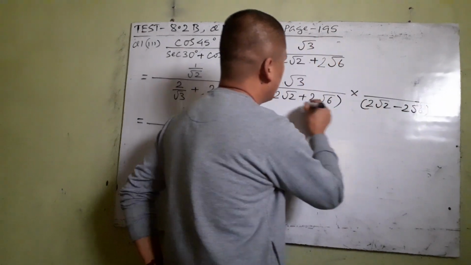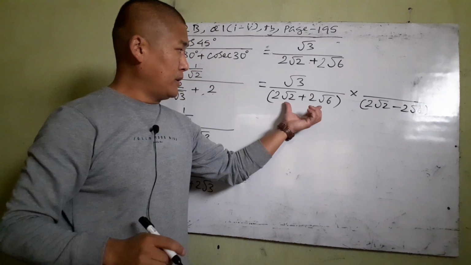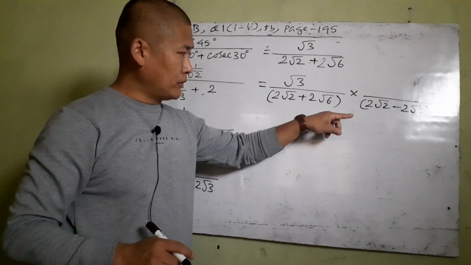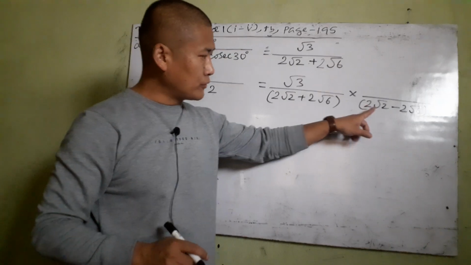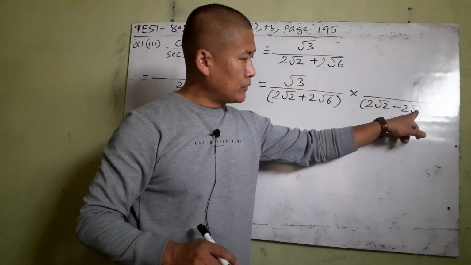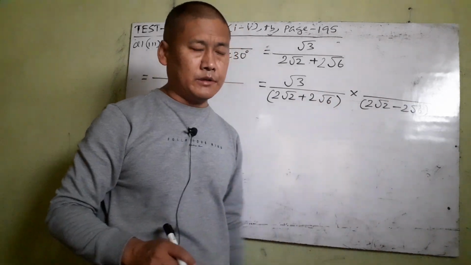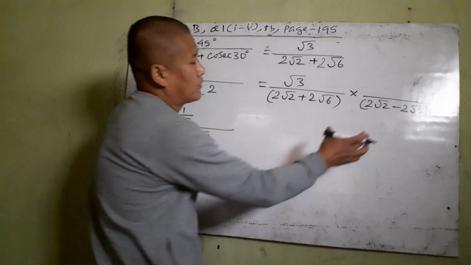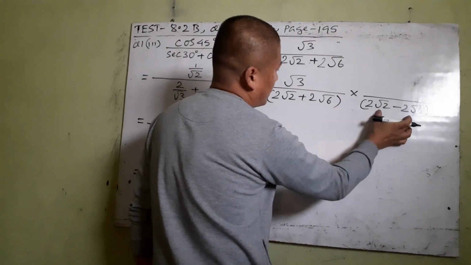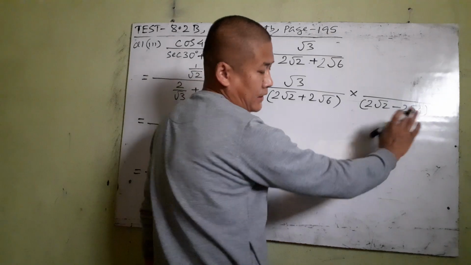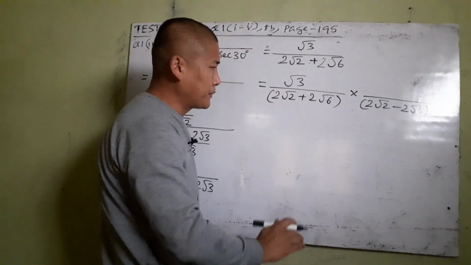By that we also mean that had this been 2 root 2 minus 2 root 6, its conjugate would be, yes, 2 root 2 plus 2 root 6. Conjugate means simply the similar one with the opposite sign in between. So multiply by the conjugate here, deal with it. Then by this method, we can remove the irrational signs, as we will see in the next 2-3 steps.